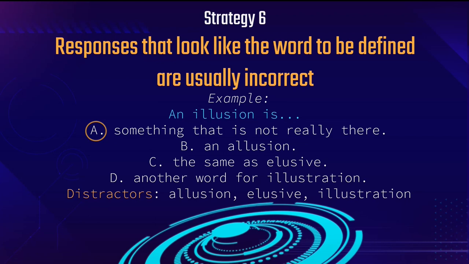Strategy 6. Responses that look like the word to be defined are usually incorrect. For example, an illusion is: A. Something that is not really there. B. An illusion. C. The same as elusive. D. Another word for illustration.